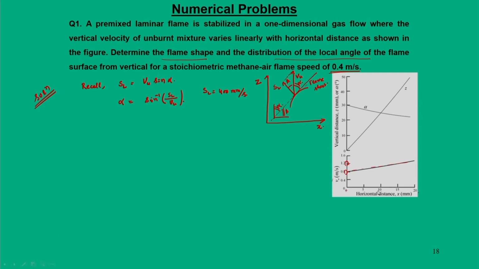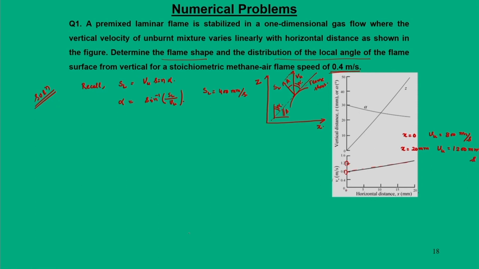From this figure we can get the data: at x equal to 0, Bu is equal to 800 millimeter per second, and at x equal to 20 mm, Bu is equal to 1200 millimeter per second.